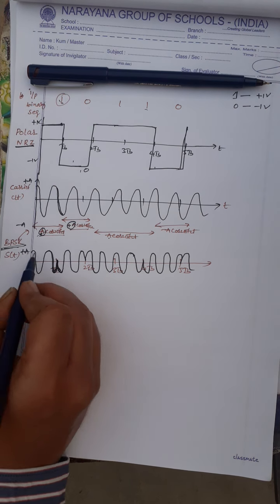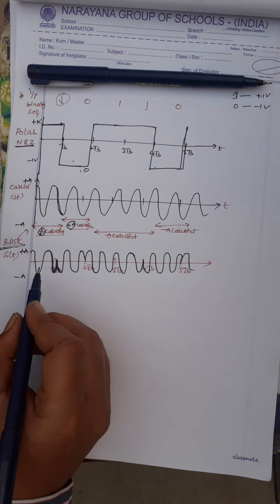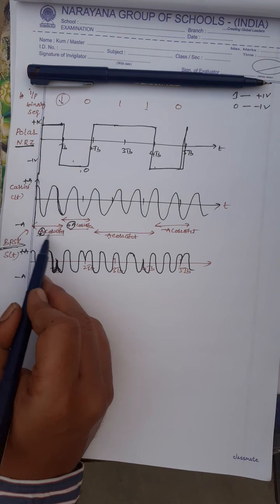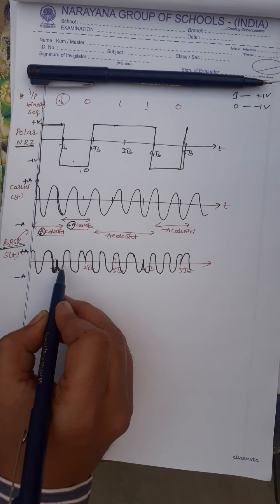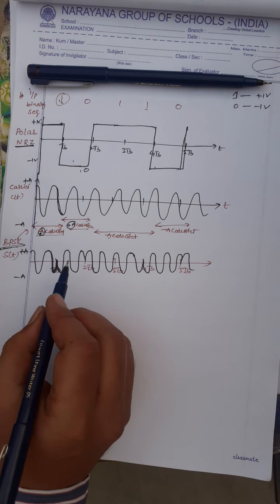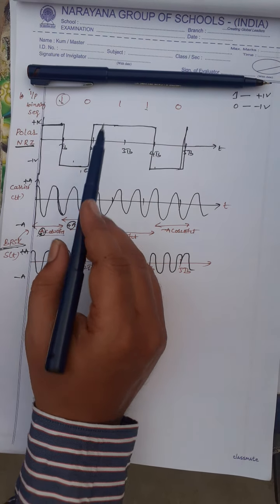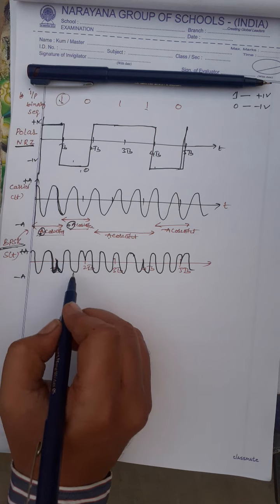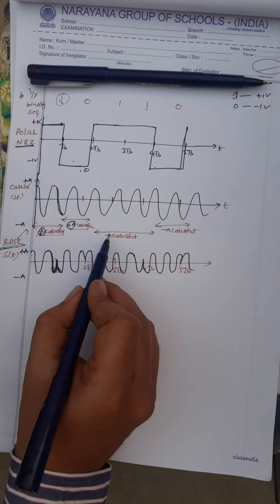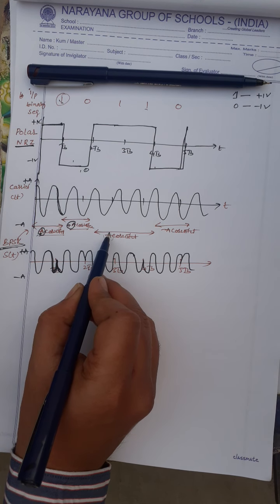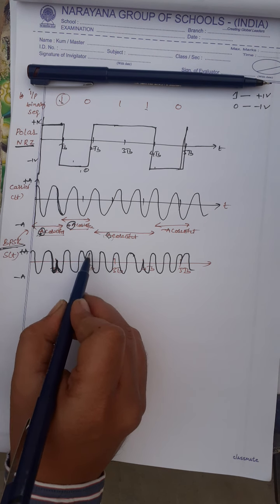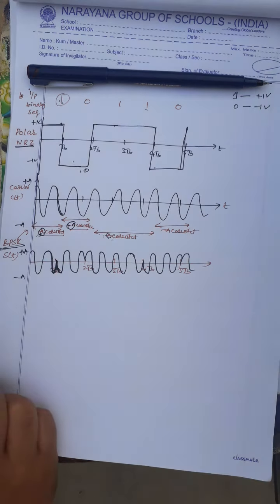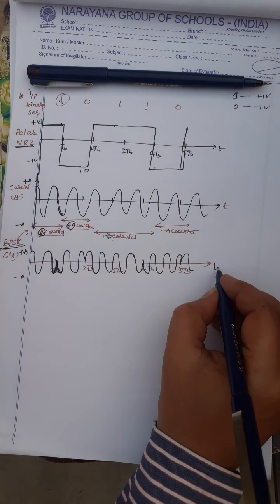This is plus A, minus A. The phase shift is changing from A to minus A, so that the time reversal will occur on the negative side, that is 180 degrees phase shift, and the transition is changing from 0 to 1, see here, that is minus A to plus A. So the present one is plus A, so that the time reversal occurs, that is 180 degrees phase shift occurs on the positive side with respect to time.